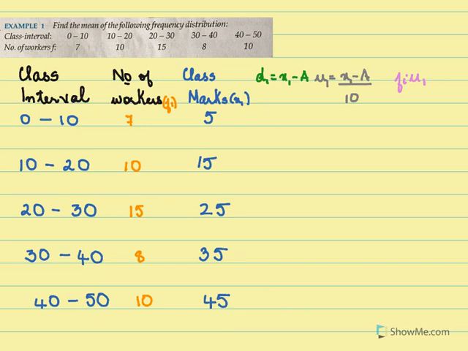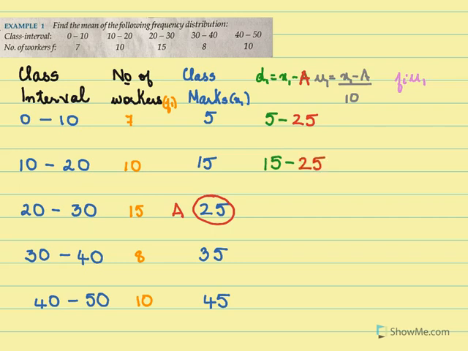In the next step, we need to find our assumed mean, that is A. We take the middle value 25. So we take 25 as A, and we subtract each of the xi minus 25. So first 5 minus 25. In the next, your xi is 15, so it will be 15 minus 25.